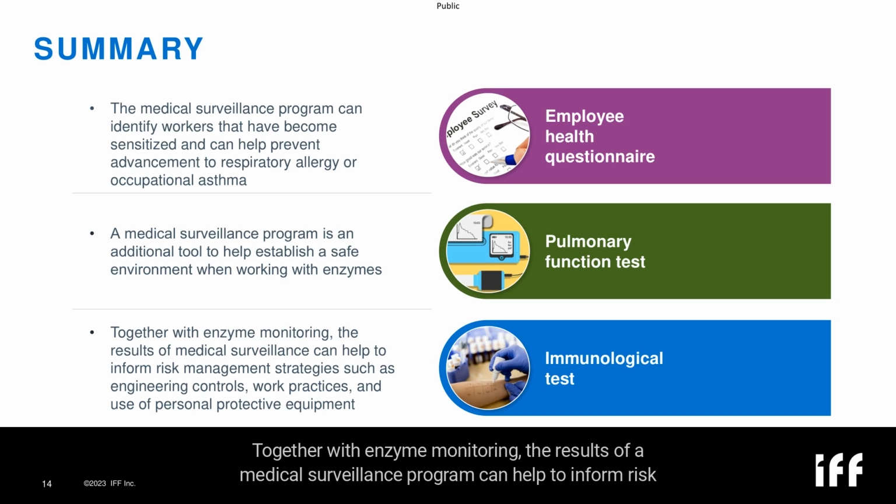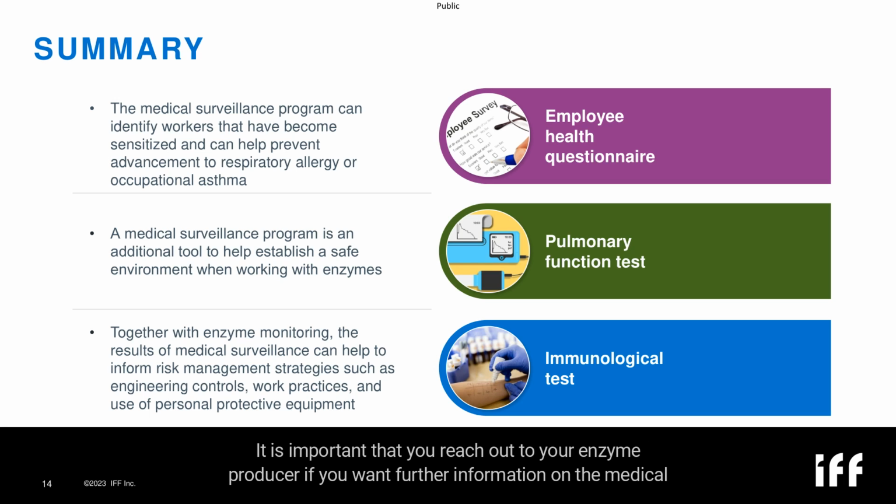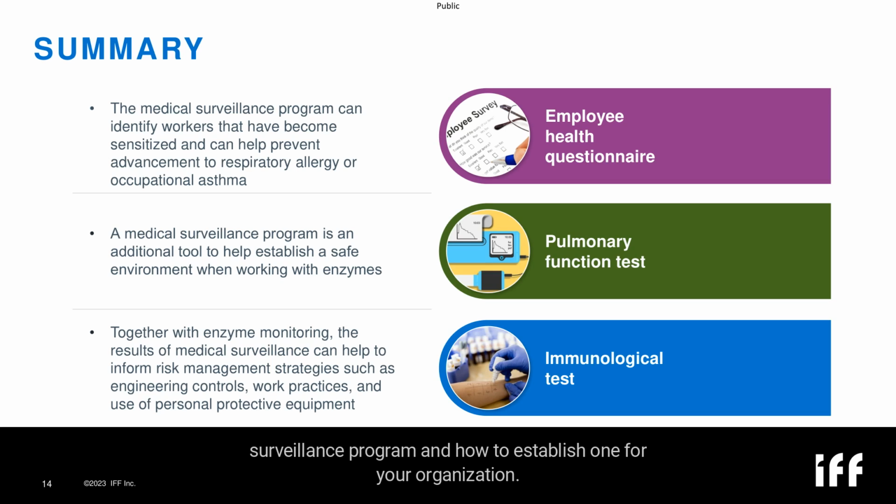Together with enzyme monitoring, the results of a medical surveillance program can help to inform risk management strategies such as engineering controls, work practices, and use of personal protective equipment. It is important that you reach out to your enzyme producer if you want further information on the medical surveillance program and how to establish one for your organization.